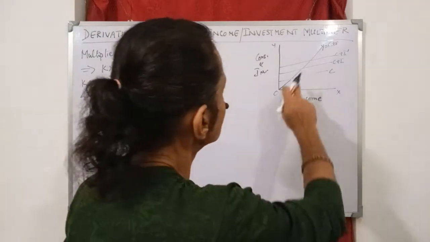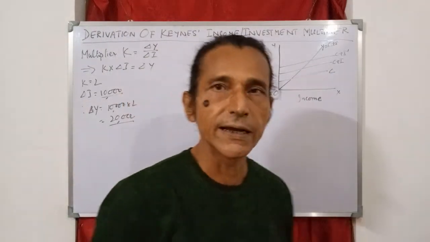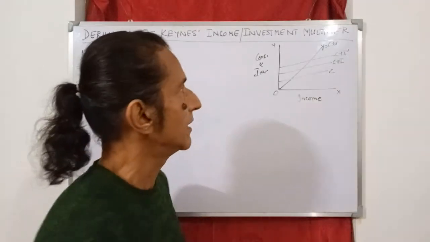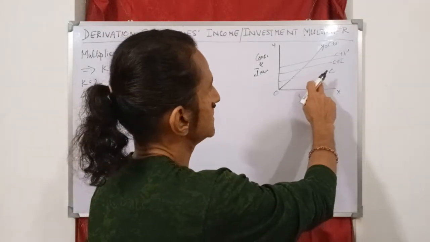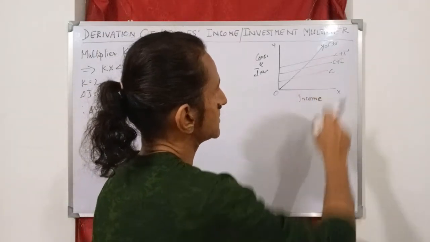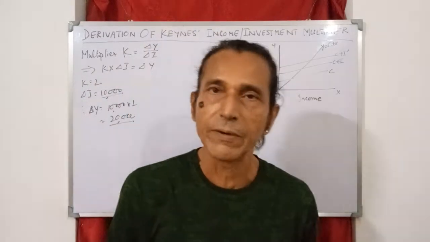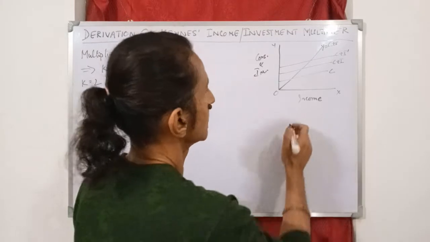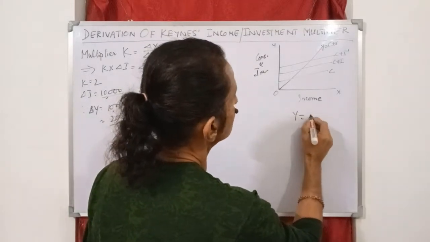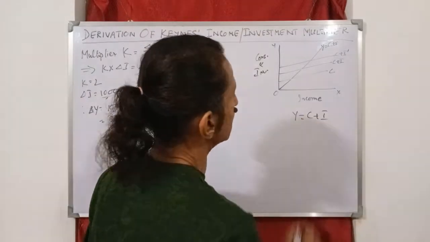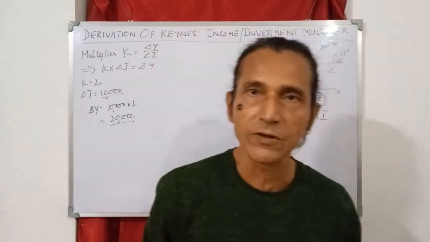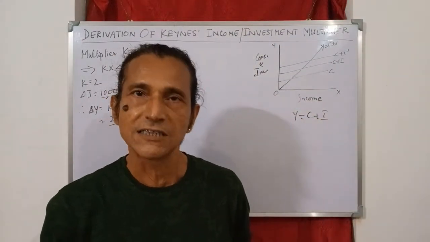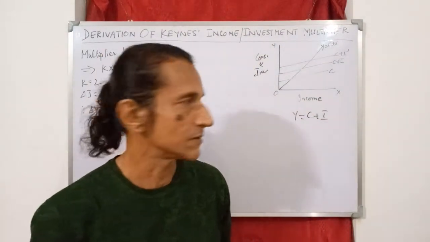So Y equals to C plus S is the aggregate supply function, and C plus I dash are the demand functions. We know Y equals to C plus I, that is aggregate income equals to total consumption plus total investment.